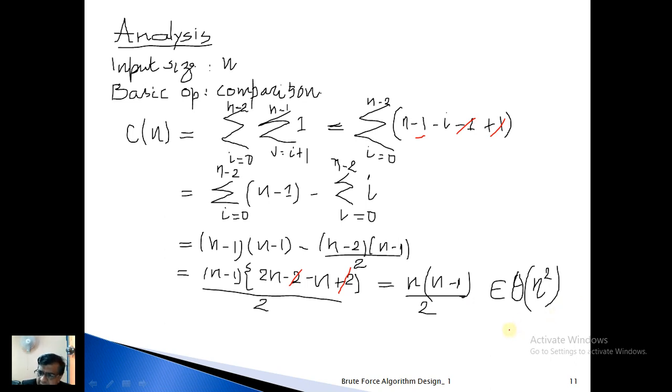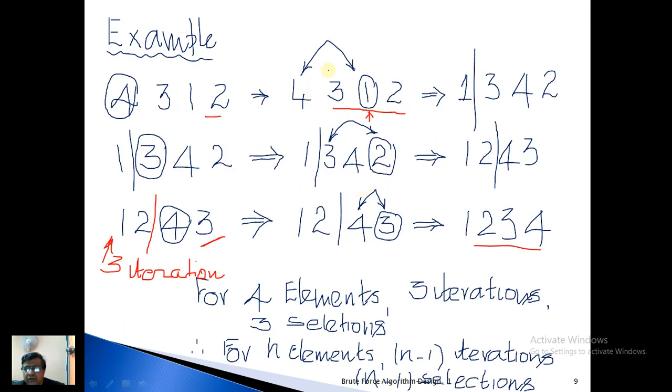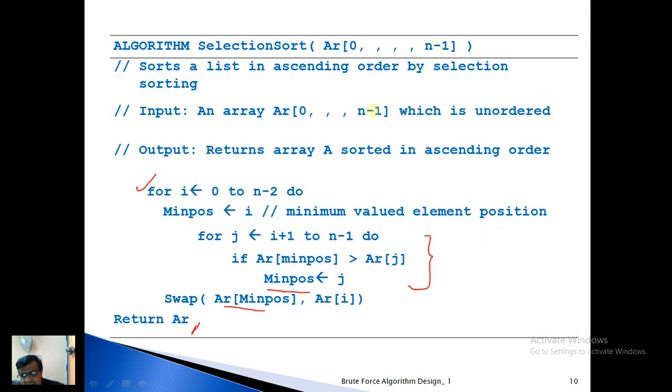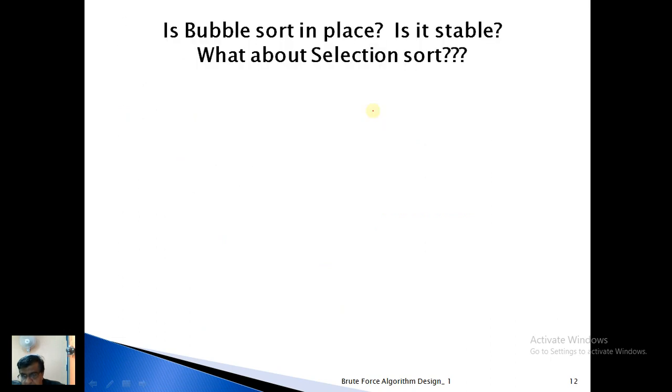But the very important point here is, though there are n square comparisons, the selection sort avoids the unnecessary swapping that happened in bubble sort. There is only one swap in every iteration. Therefore, selection sort is a little more efficient when compared to bubble sort.